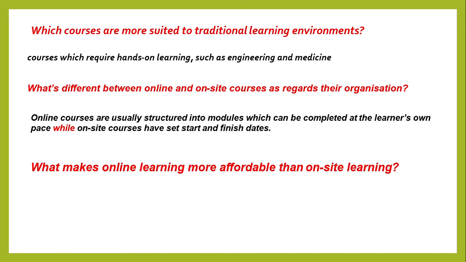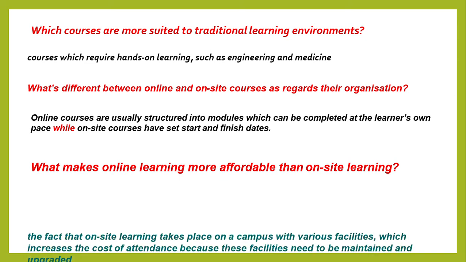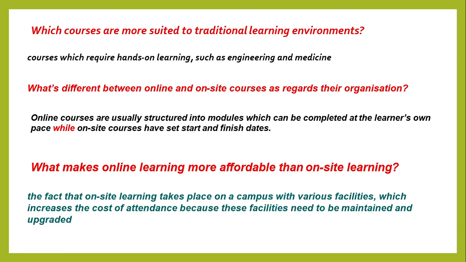What makes online learning more affordable? The fact that on-site learning takes place on a campus with various facilities, which increases the cost, because these facilities need to be maintained and upgraded.